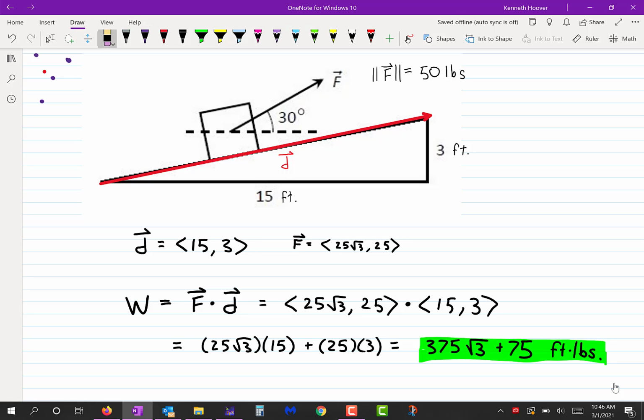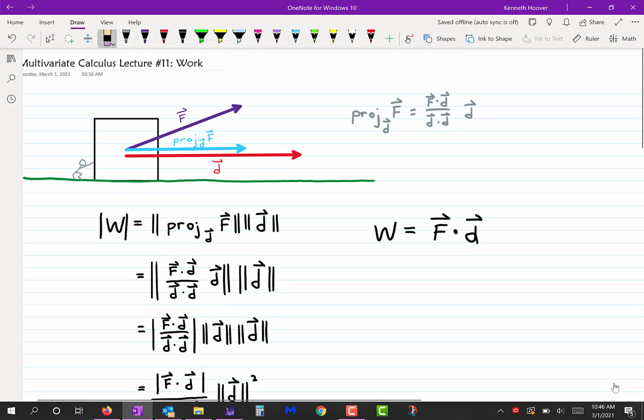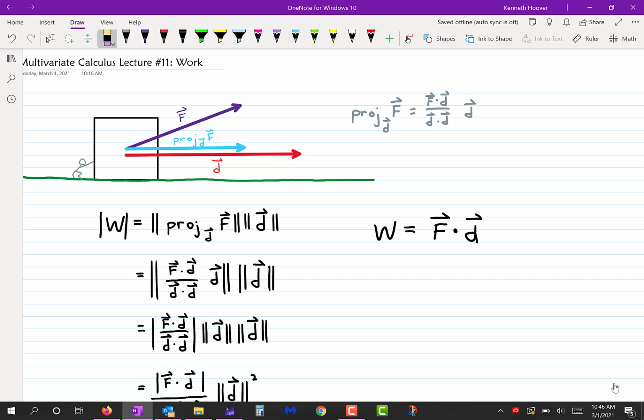Now it's interesting just to point out, you can do a whole lot of force and zero work. What if you had a box sitting on the ground? Let's just look back at our original picture. What if you had that situation, and what if you stood on top of the box and pushed down on it?